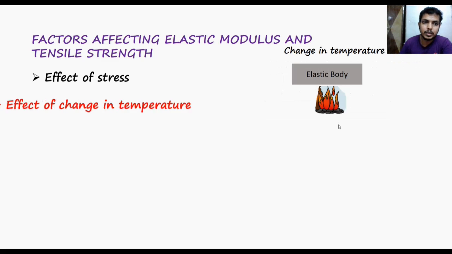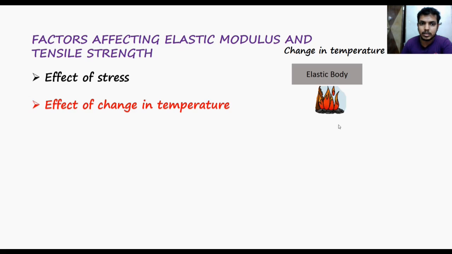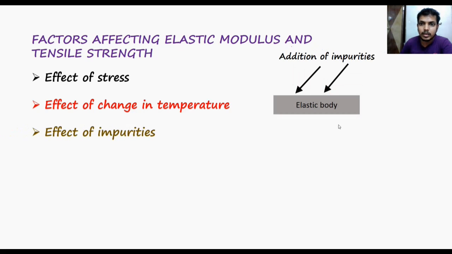And then the effect of temperature. If I put it in a hotter region or a colder region, the different conditions will change the elastic property of the material. Some materials will be more brittle when taken to cold places, and then they can easily break. So the elastic property changes because of temperature. And then impurities.